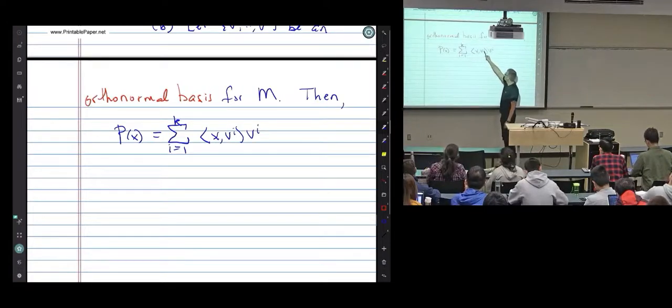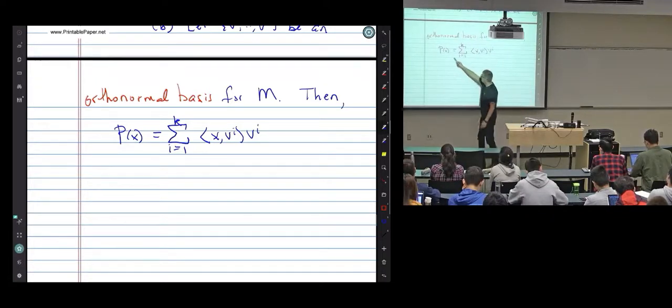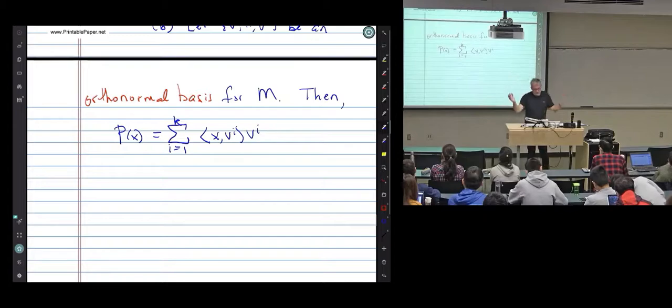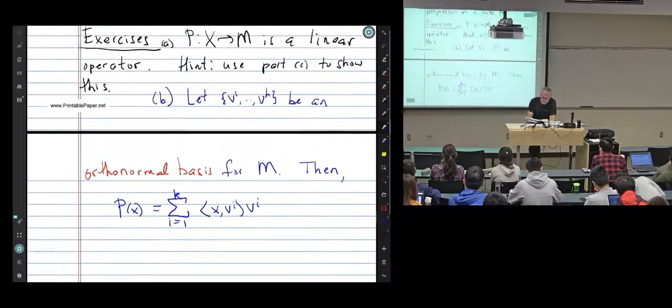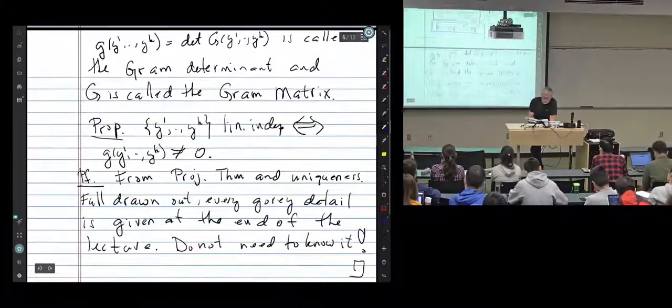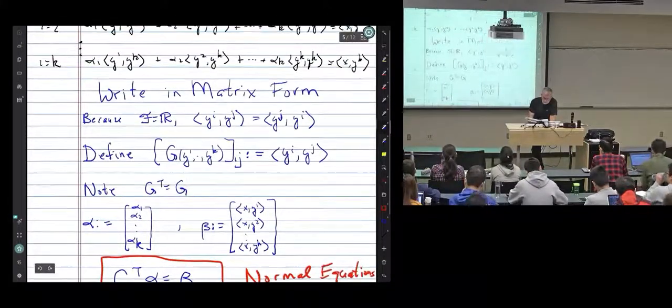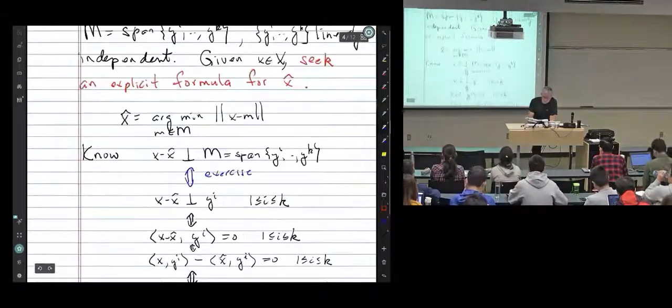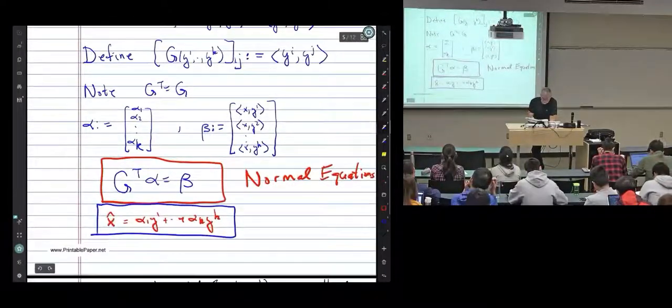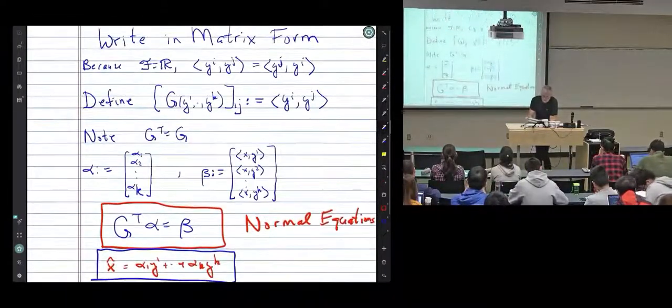Inner product of x with the ith orthonormal basis vector times the ith one, okay? That's it. This makes linearity clear, because P of x plus y is inner product x plus y, and you have linearity on the left-hand side, okay? So if you do B first, then A is evident, okay? But just look at the normal equations, okay? There it is.